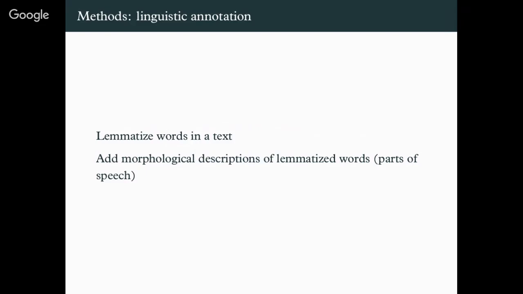Secondly, we must determine what we call the part of speech of certain words, meaning that we grammatically describe them. For example, if we have the Greek verb apon, its description would be that it's a verb, it is in the aorist tense, it is active, it is first person, and so on. So this means to grammatically describe a certain word.